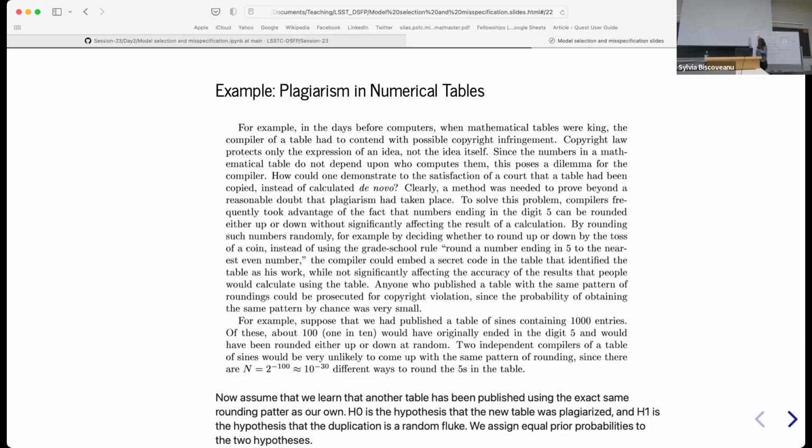So this is basically 1. And our posterior on the random fluke hypothesis is going to be basically 10 to the minus 30. Okay, so we can see that the simpler hypothesis is much more strongly favored here compared to the complex hypothesis.